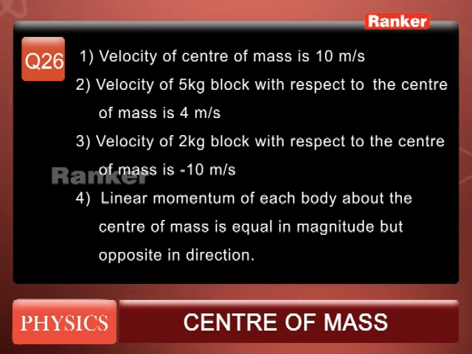Second, the velocity of the 5 kg block with respect to center of mass is 4 meter per second. Third option, the velocity of the 2 kg block with respect to the center of mass is minus 10 meter per second. And the fourth option, the linear momentum of each body about the center of mass is equal in magnitude but opposite in direction. Now, we have to select the correct option.